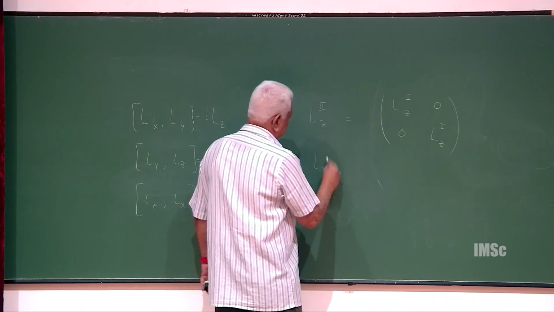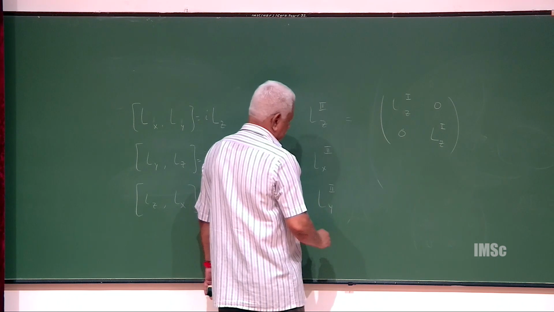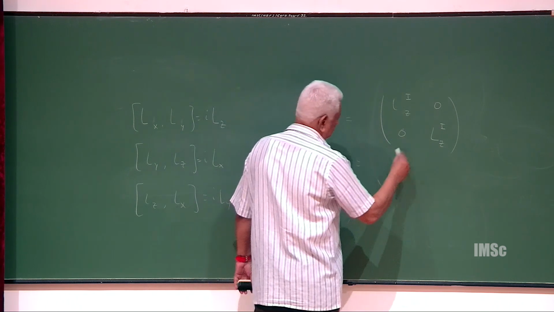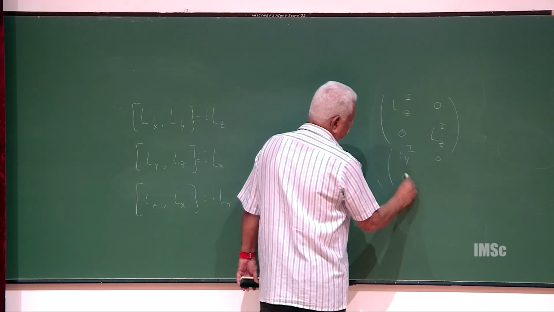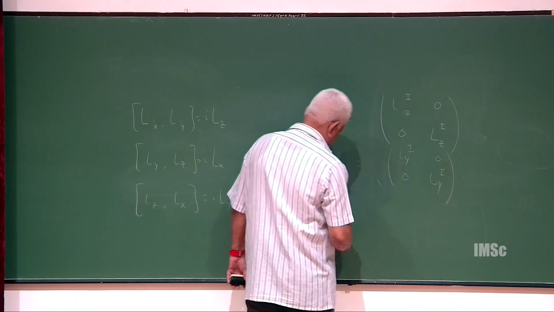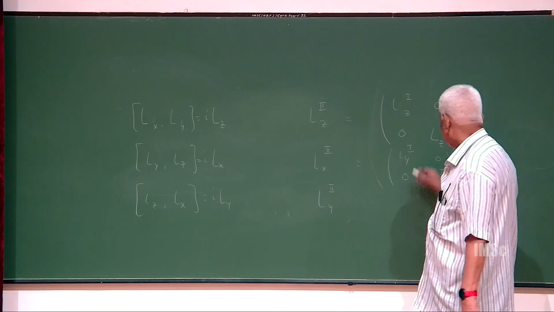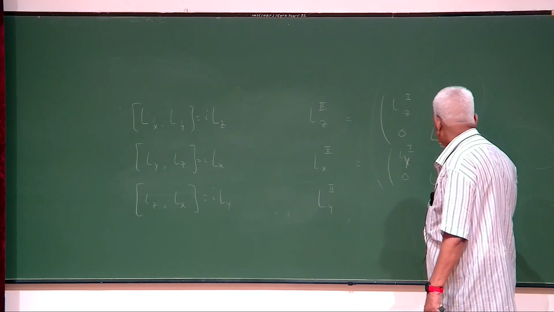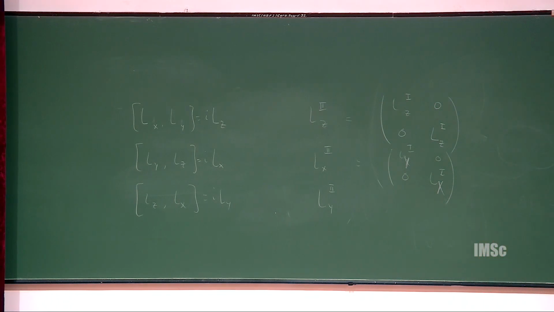Similarly, Lx2 and Ly2 are simply Ly1 0 0 Ly1, and similarly for Lx. This is x here, x here, and similarly for this. I have given what is called 2.